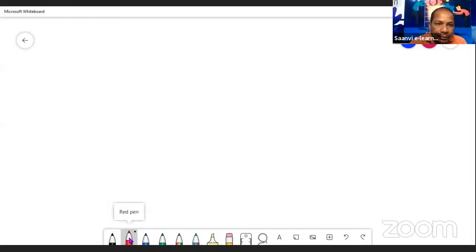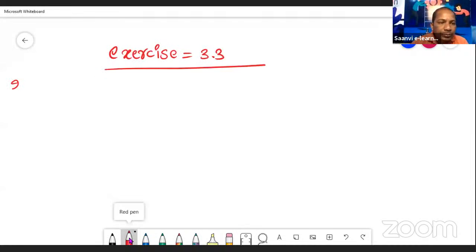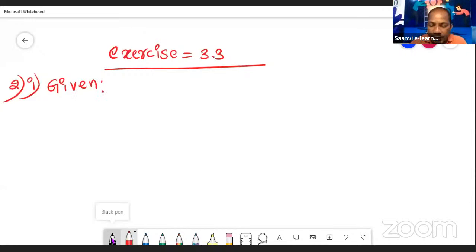Exercise 3.3, now second bit, first question. Given: what is given?